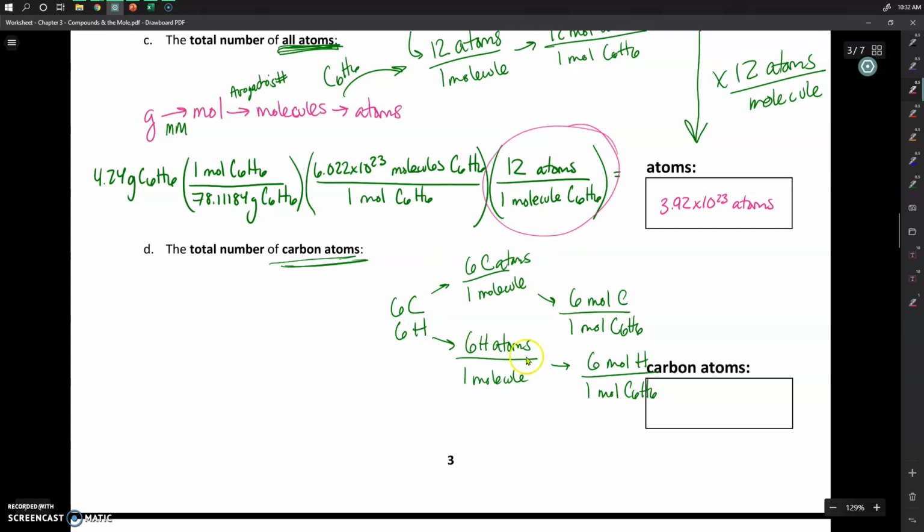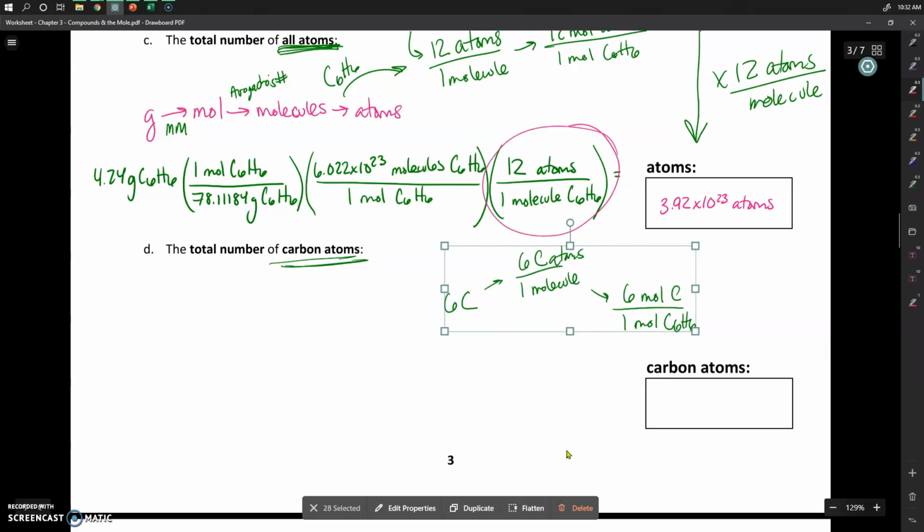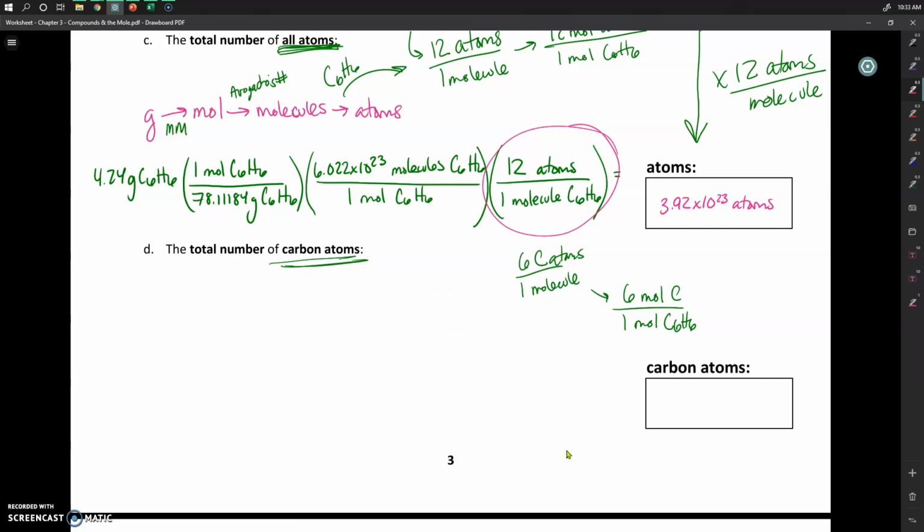I'm going to get rid of all of this stuff here and just keep the information about carbon that we had. Remember that this is what we had figured out from the molecular formula: if there's 6 carbons per molecule, then you can represent a conversion factor that relates the number of carbon atoms per molecule, or the number of moles of carbon atoms per mole of the molecule.